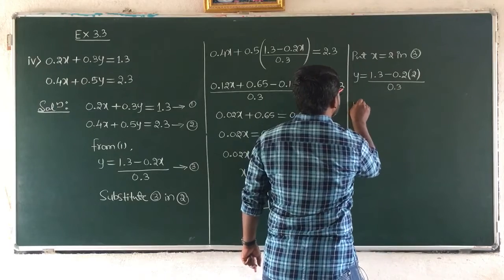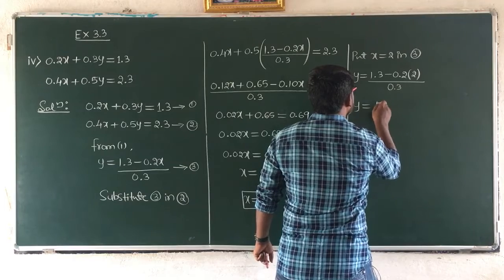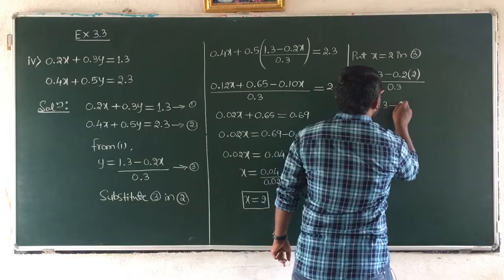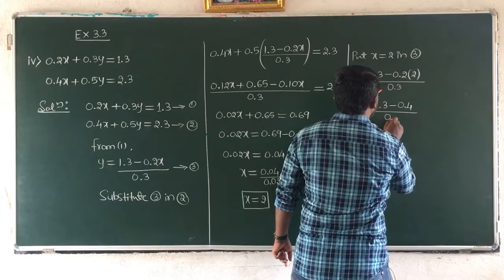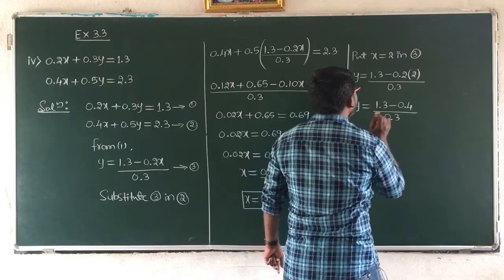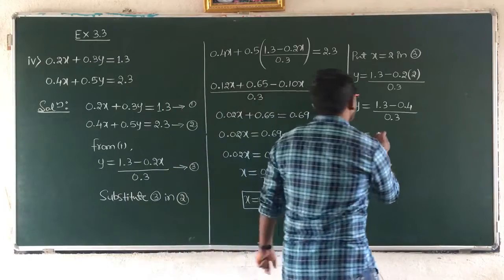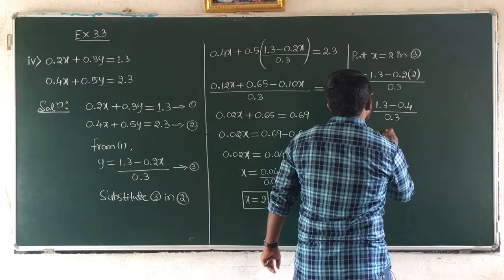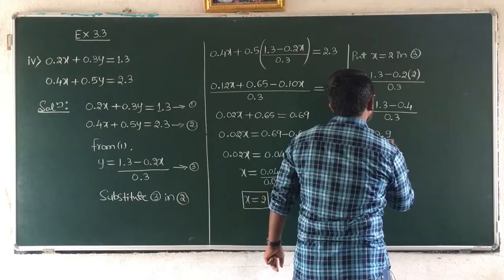So now y equals 1.3 minus 0.4 divided by 0.3. Now y equals 1.3 minus 0.4, which is 0.9, divided by 0.3.